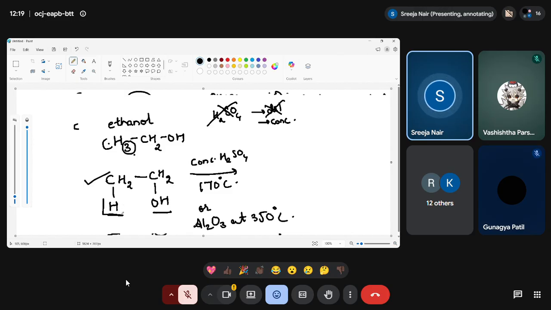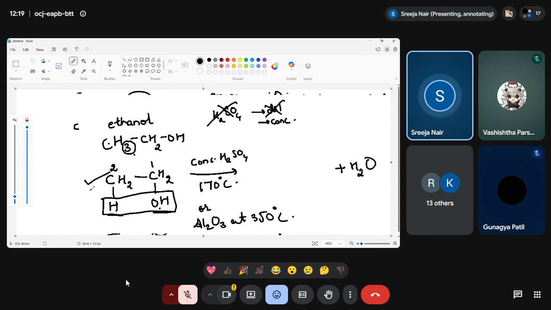So what is happening? This dehydrating agent will remove the water molecule from here. You can see how the water molecule is being removed. This is the first carbon, this is the second carbon. From the second carbon one hydrogen, and from the first carbon OH is removed. That means water is being removed.